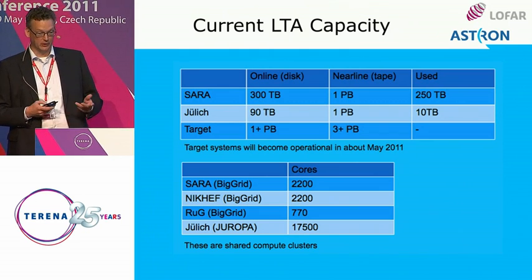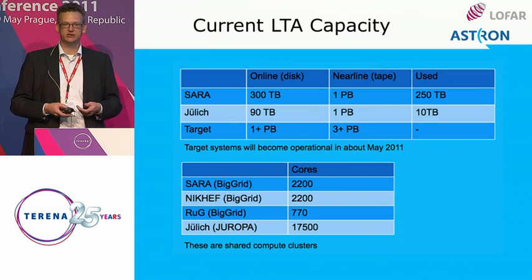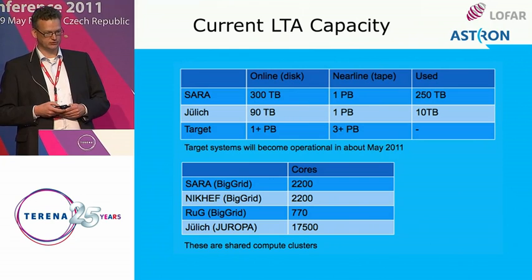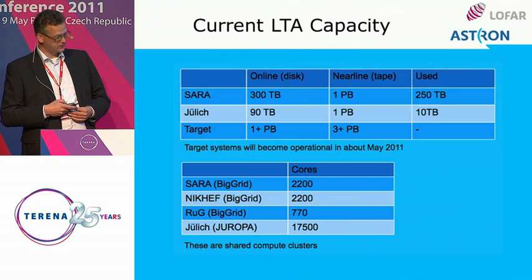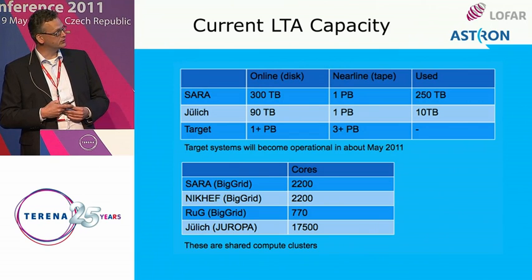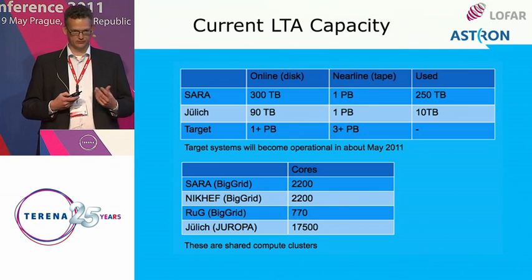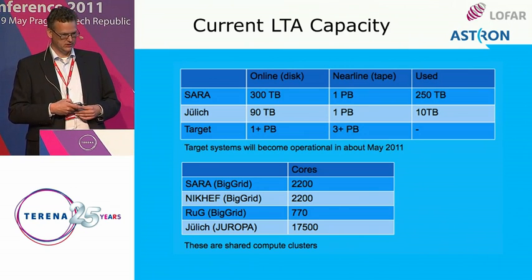At the moment, we've filled only 10 terabytes, but we're already using it as a distribution facility to the German astronomers. In Groningen, the target systems, that's just been through an acquisition round, and it will grow basically now up to more than a petabyte of disk storage, and more than 3 petabytes of tape storage.